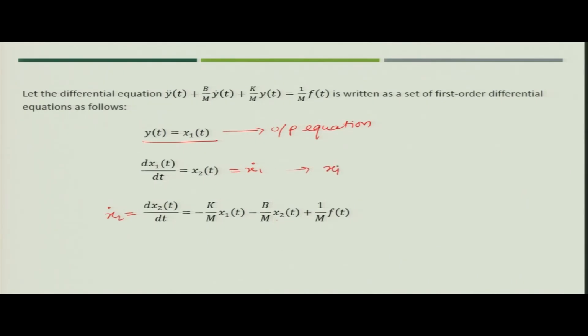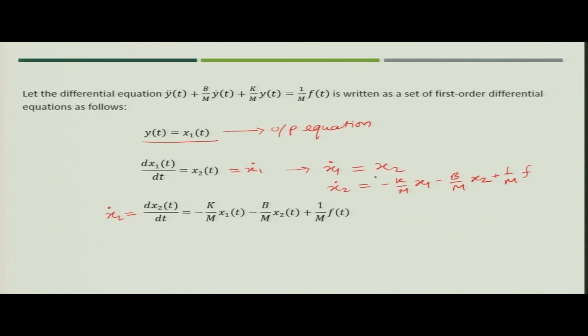From this you can write x1 dot is equal to x2. Here x2 dot is equal to minus k by m x1 minus b by m x2 plus 1 by m f. I am just dropping t for simplicity, but t is basically part of all the variables, because these are the variables defined in terms of time.